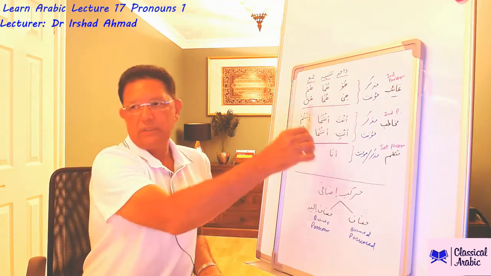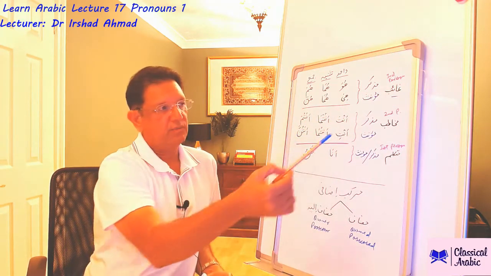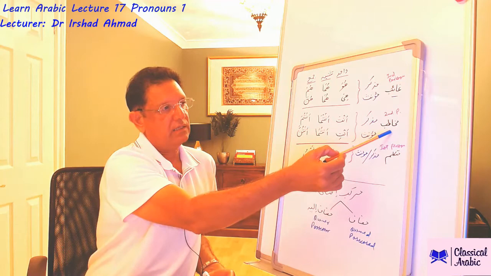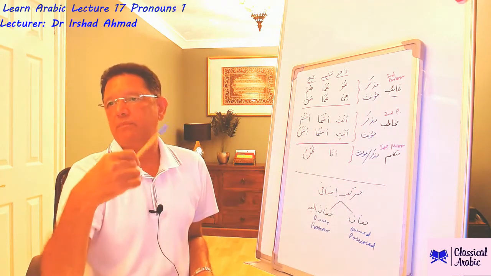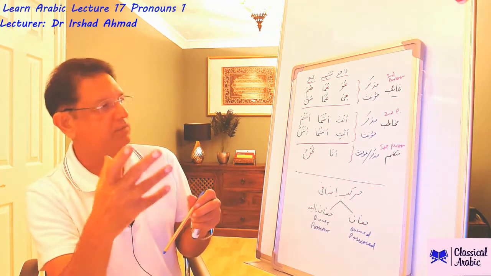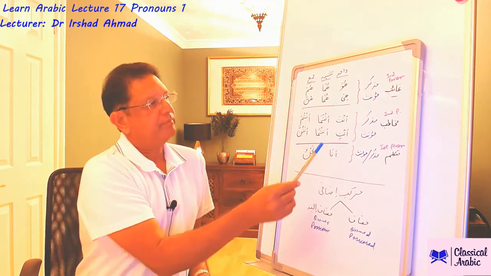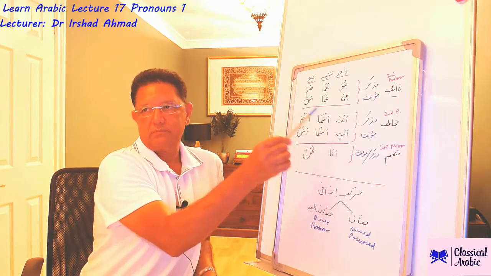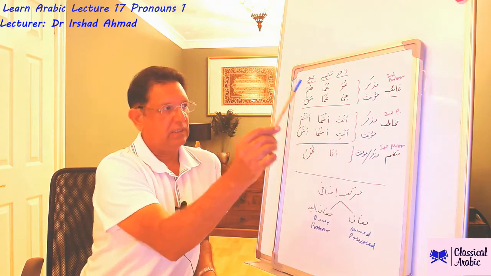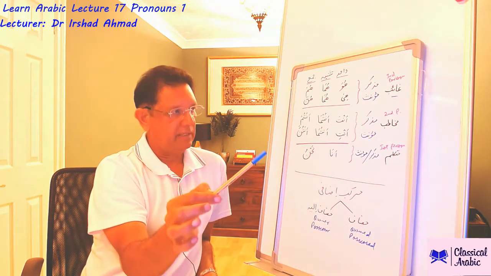So 6 for third person, and then similarly for second person, which is called mukhatab or hazir in Arabic, the person who is present, who we are talking to, whether that's one person or more than one person. So again we have 6 here. Anta, you, one person masculine, and anti, you, one person feminine.